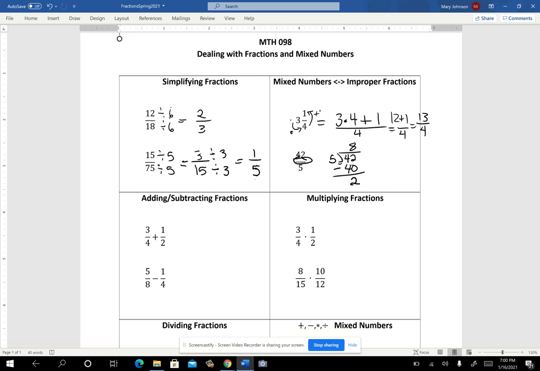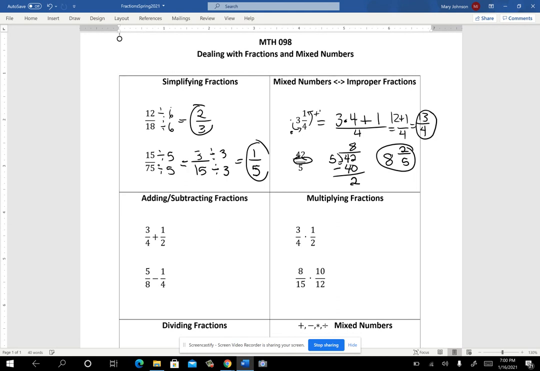So 42 fifths is the same as 8 wholes with 2 fifths left over. So we have 8 wholes and then 2 fifths. That would be your final answer.